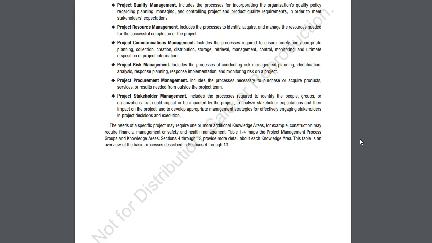Communications is a big factor. We look at risk management, and procurement management, how we obtain the resources we need. And one of the big ones is stakeholder management. We have to figure out who the stakeholders are, who we're responsible to, and how we manage them. The management of the stakeholders and the communications really interrelate a lot.